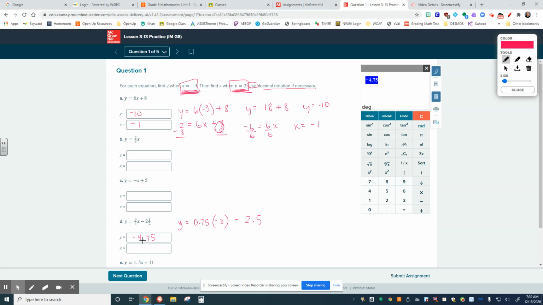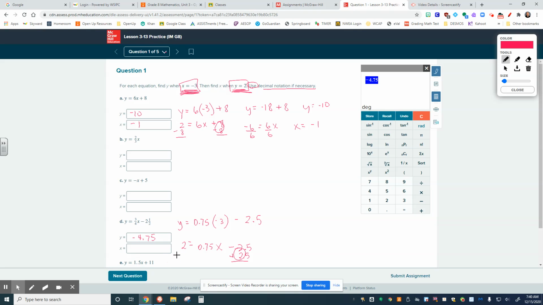Now, the reverse side of that is, what if I want to find the value of x? When I find the value of x, that means that y would now be equal to 2, and 2 is equal to the 75 hundredths times, not times -3, we don't know this one yet, times x, that's what we're trying to find, minus 2 and 5/10. So we go through the process that we did before, where we add 2 and 5/10 to eliminate that from the expression.